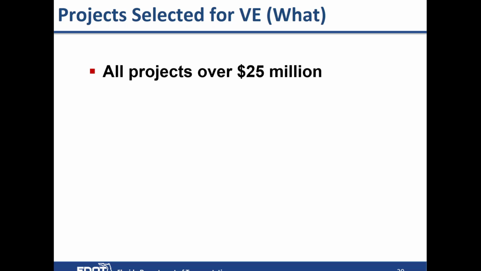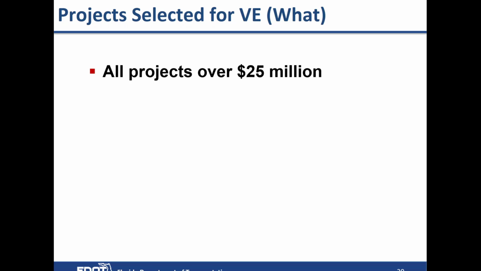The difference being that between 25 million and what the federal requirement is, there's a possibility that we can waive the requirement if signed off by the Director of Transportation Development. There's no possible way to waive the federal regulations. So if it's a federal aid project that meets those requirements, it has to be done, no matter what type of project or what's being done, other than the design build project.